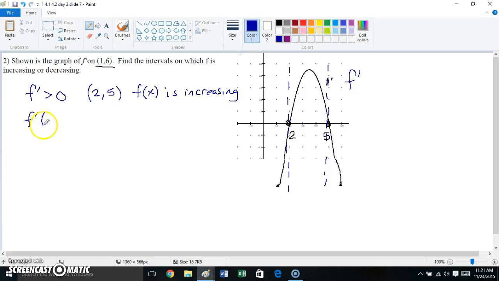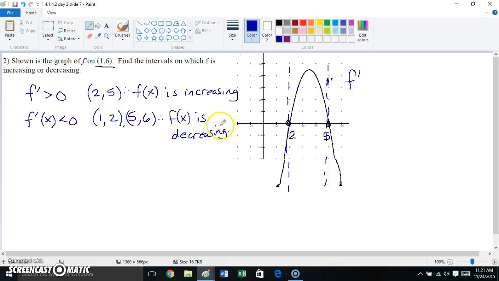When f prime of x is negative, and that happens on the interval from 1 to 2 and 5 to 6, we know f of x is decreasing.